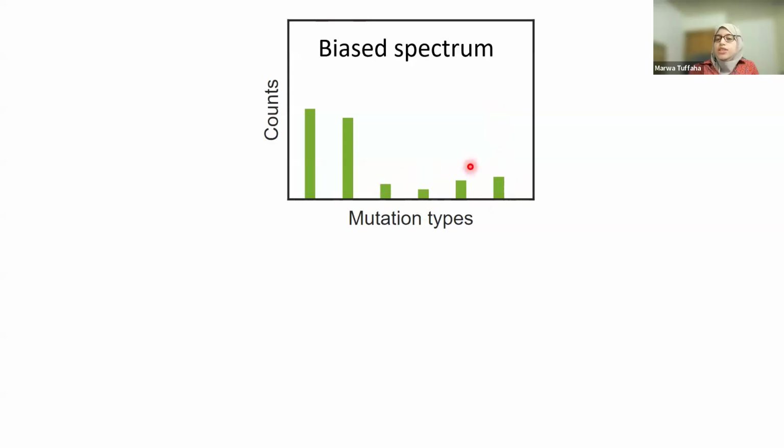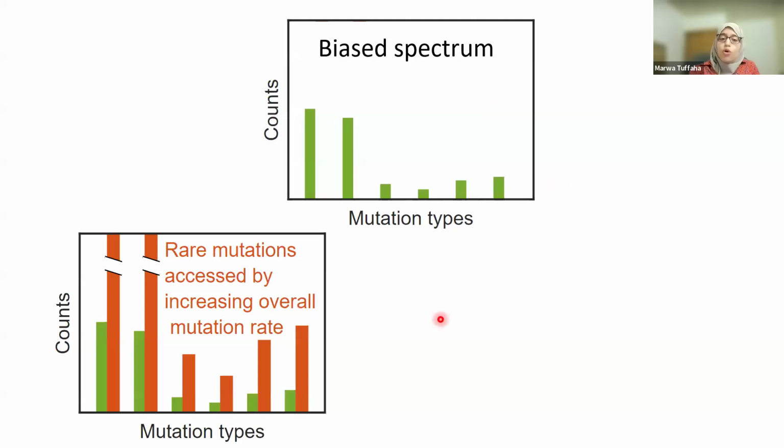These rare mutations can include some beneficial mutations that are harder for the organism to access, given this bias. But these rare mutations can be accessed by different mechanisms. One way is to increase the overall mutation rate for all mutations.